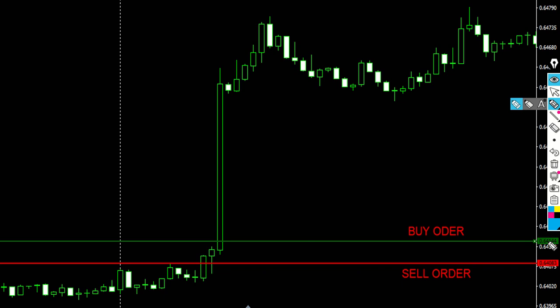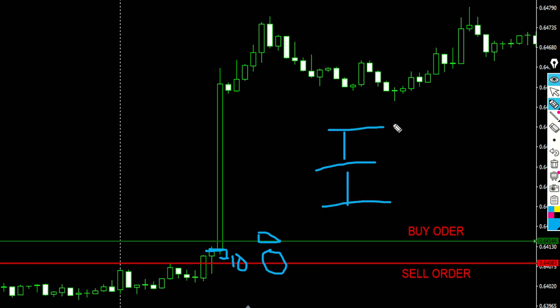So what you'll be having is this candle in here. You place your order, your buy order is placed at the top, the sell one is in here. The distance between here to here will be 10 pips. So you have this 10, this 10, price is here, and you see your buy order, your sell order, this is price.